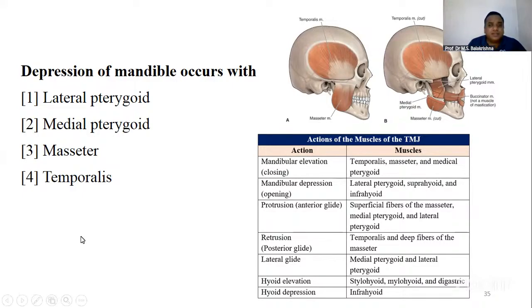The question is derived from this particular part only. The lateral pterygoid is not there in MTM; it is not responsible for closing the mouth. Similarly, learn the other parts. This table will help you understand the questions better.